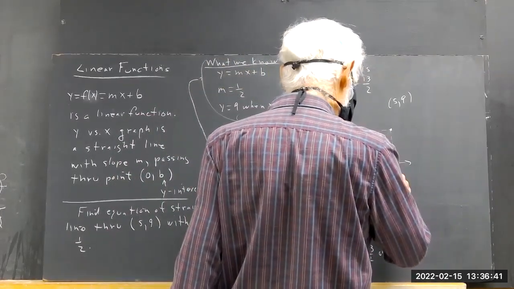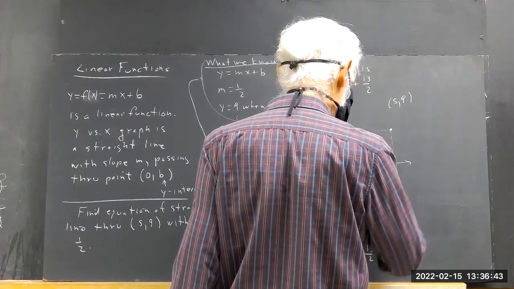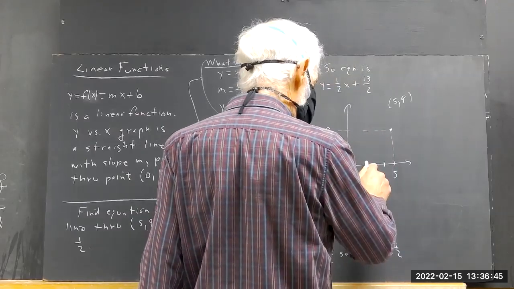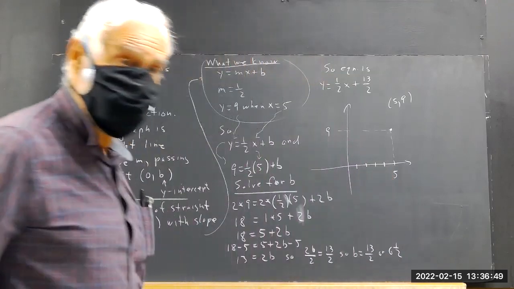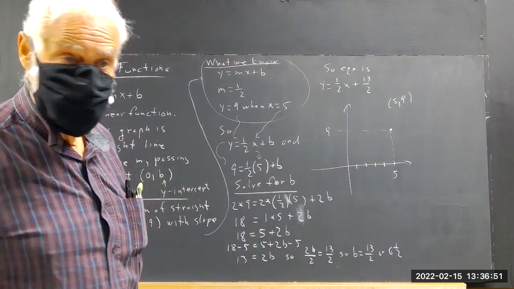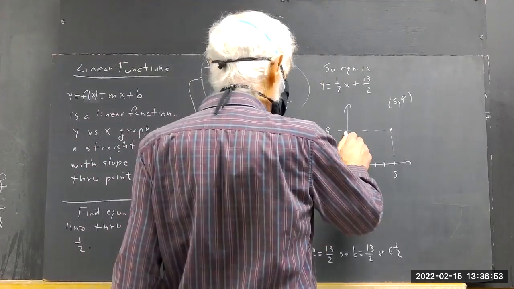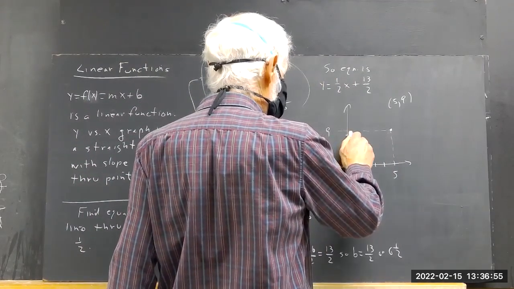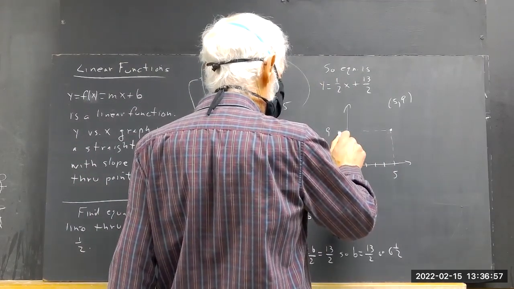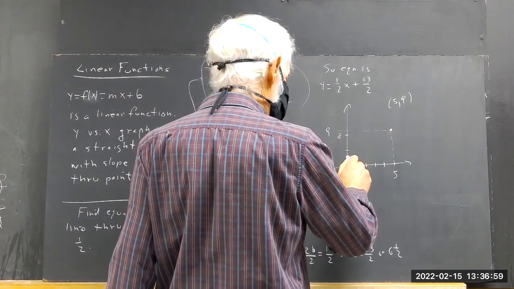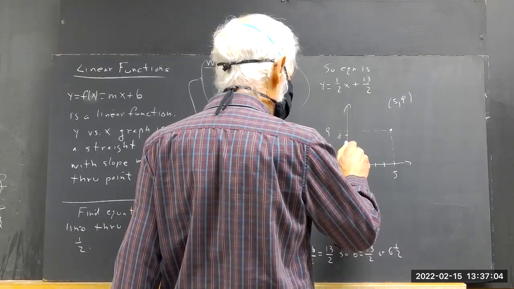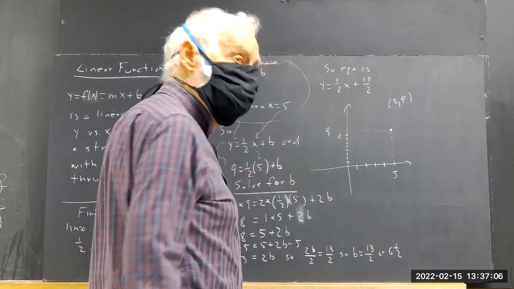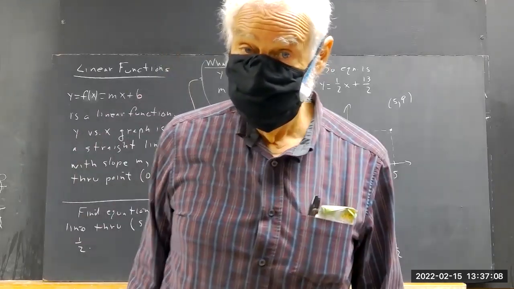So if this is 5, well, then I'm going to conjecture that 4 is maybe here. And I can divide 4 in half and divide that in half and divide it in half there, and I've got my scale. And 9, well, I can put 8 here. That's about right, don't you think? So that would be 8. And I can divide that in half, and divide that in half, and that, and that, and that. As you've seen me do a number of times, the basic graph.